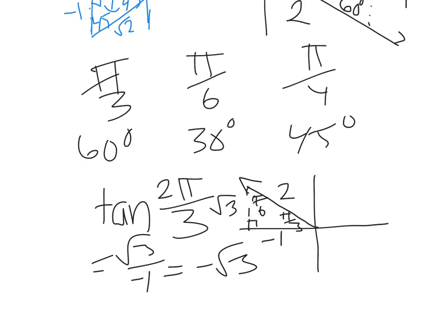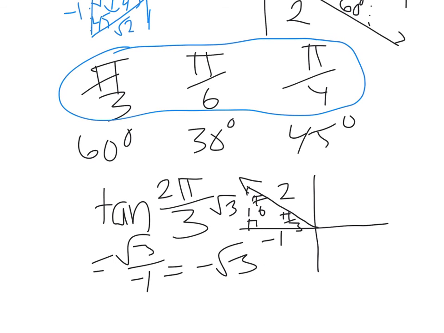Instead, knowing that all of these are 60, 30, and 45, ask what multiple of that you are dealing with. For example, 5 pi over 6 is 5 times 30, or 150. So thinking about it in terms of pi over 3, pi over 6, and pi over 4 will be helpful.